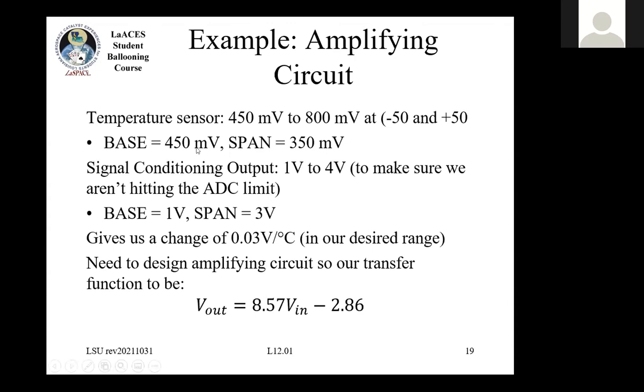And if I take these two sets of numbers and I calculate the line, I can get that transfer function that will give me the value that I need. And this is just the particular values. So what I would then do is I would look up the appropriate type of op-amp circuit. In this case, it's a non-inverting amplifier with offset. And then I would find out the particular resistance values that I need to build into my circuit to get this output.